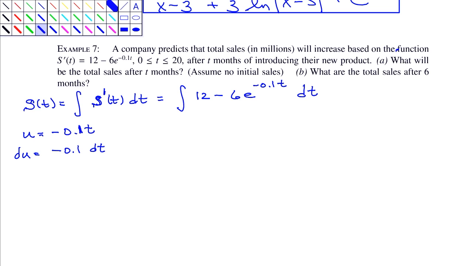Solve for dt, and you get du over negative 0.1, but that's just negative 10 du, because you're dividing by a tenth. That's 10 times.